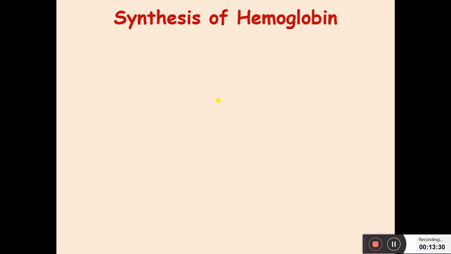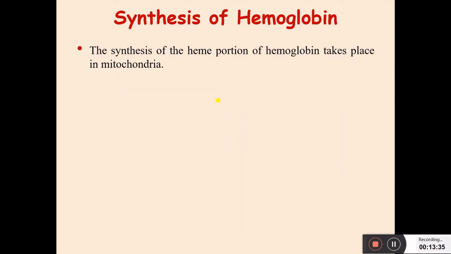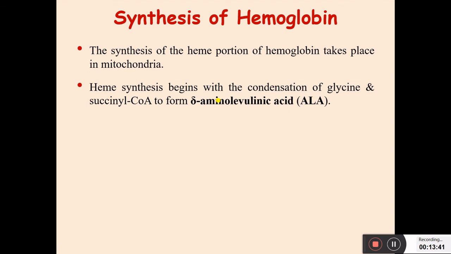Now let us see how hemoglobin is synthesized. You see, the synthesis of heme, the protein part of hemoglobin, takes place in mitochondria. It begins with the condensation of glycine, which is an amino acid, and succinyl coenzyme A to form delta amino levulinic acid (ALA).